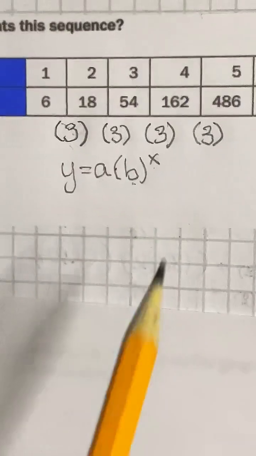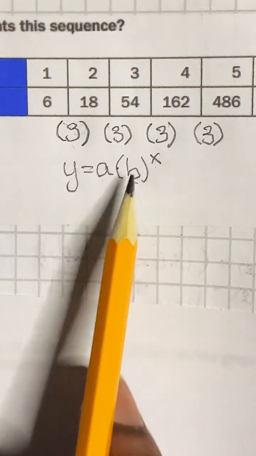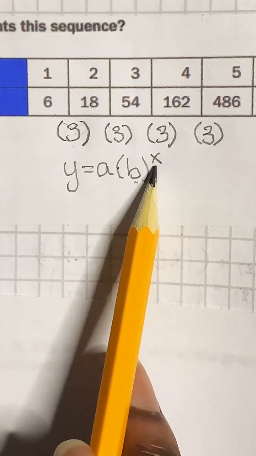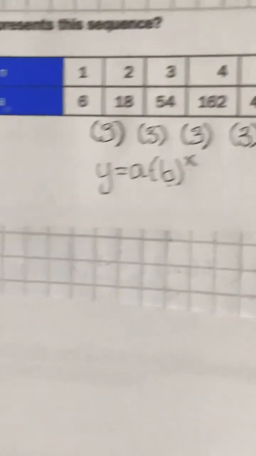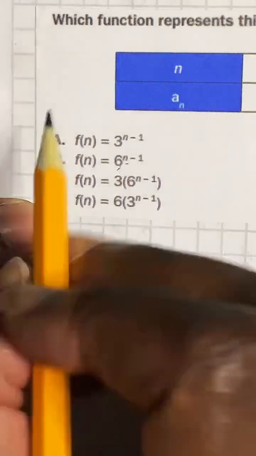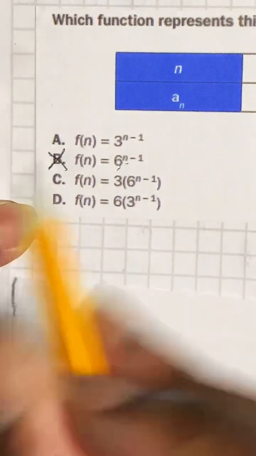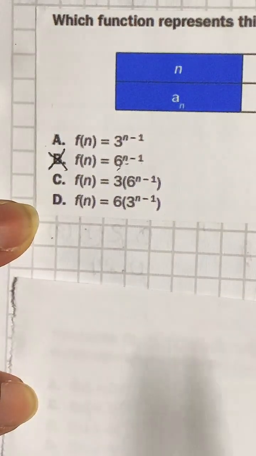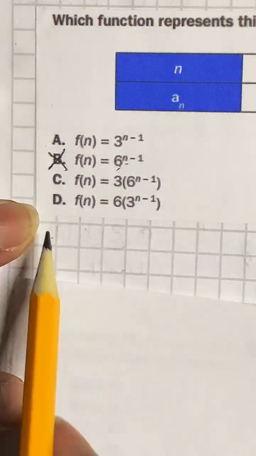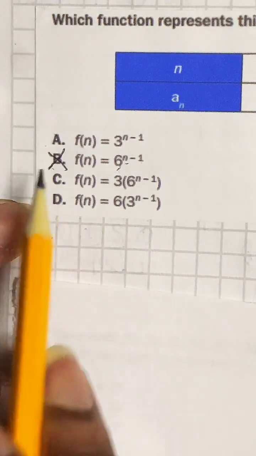My pattern wasn't going up by multiplying by 6. It was going up by multiplying by 3. So I'm getting rid of B.